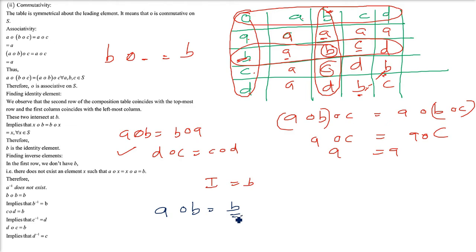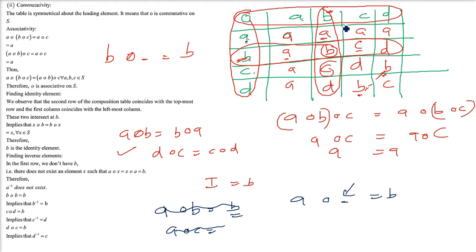So A operation B is B. From the table I'm saying that the identity element is B. When we operate anything with B, that thing should come back.